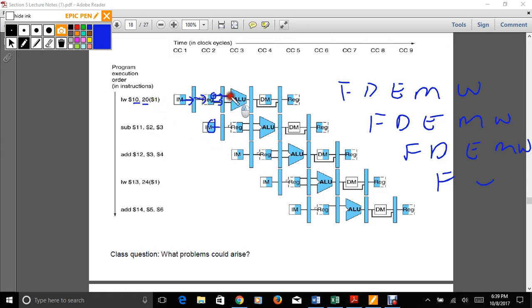Stage 3 we're going to put the value of 10 and the offset of 20 on through here, and then add the result and put it on the buffer. Here we're going to take the values of 2 and 3 out of the registers and put them on the buffer. Here we're going to take the instruction and we're going to get the value and send it to the decode stage.